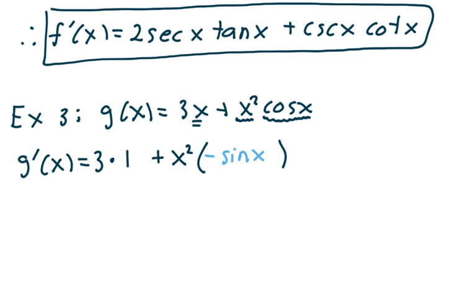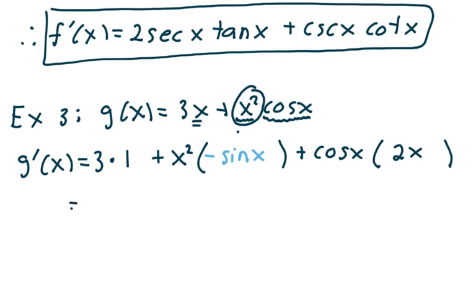Okay? And then what I'm going to do is I'm going to write down cosine x, and then I'm going to take the derivative of the first function, which is x squared. And so the derivative of x squared is 2x, like so.